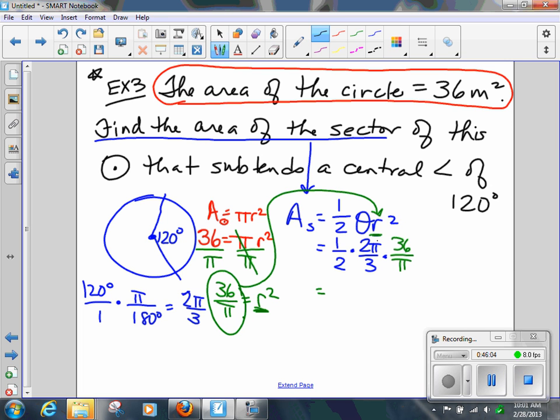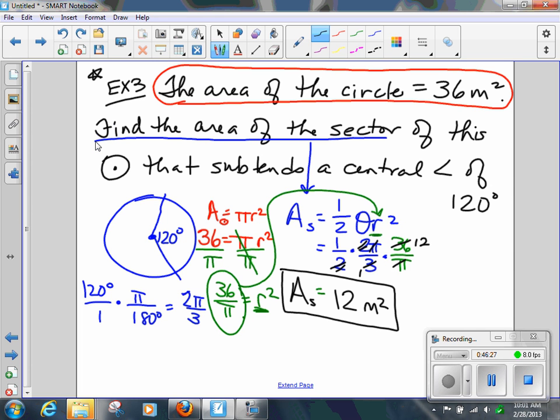Hot dag on it. Look at here. My 2 cancels, my pi cancels. I can cancel my 3 with 36 and get 12. What's the area of the sector, y'all? 12 what? Meters squared. Is that a portion of that circle? Yes.